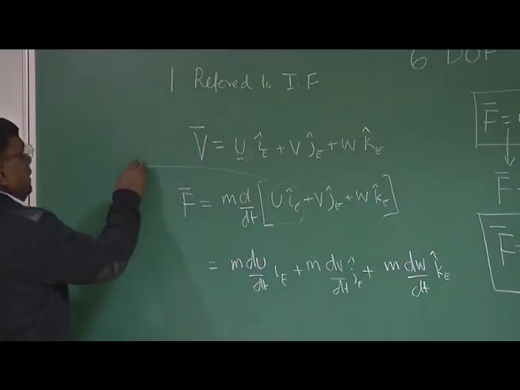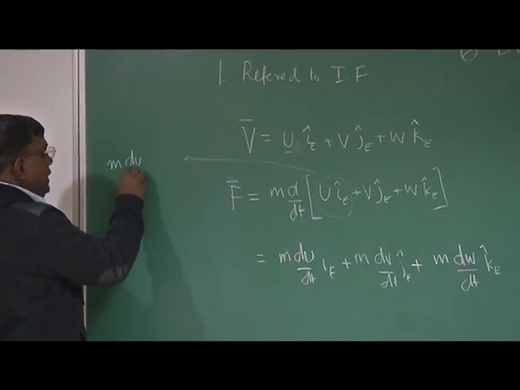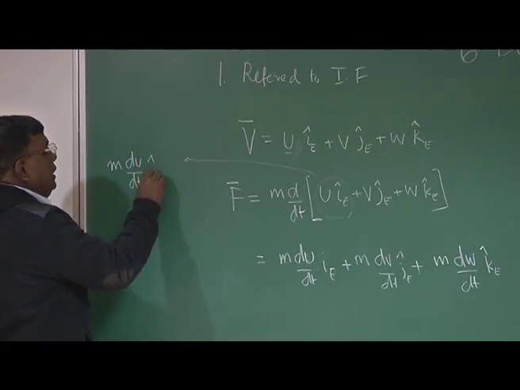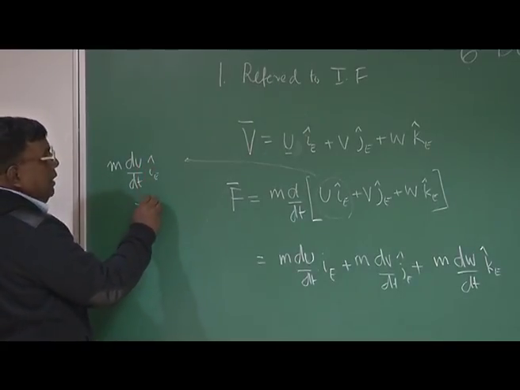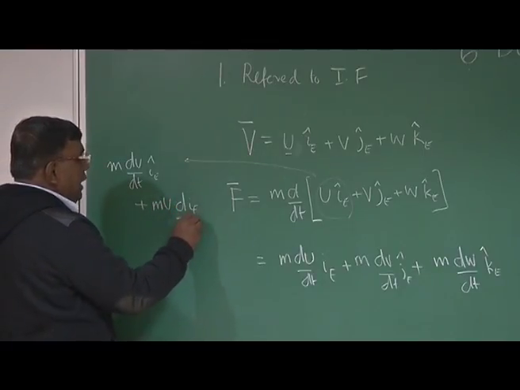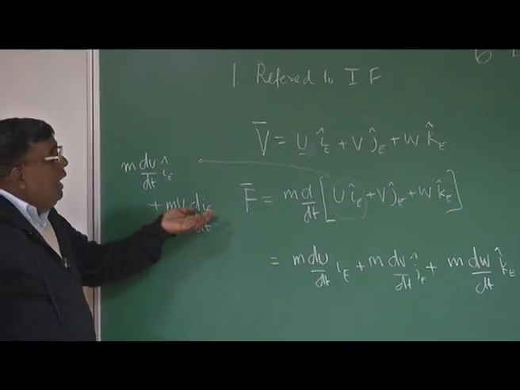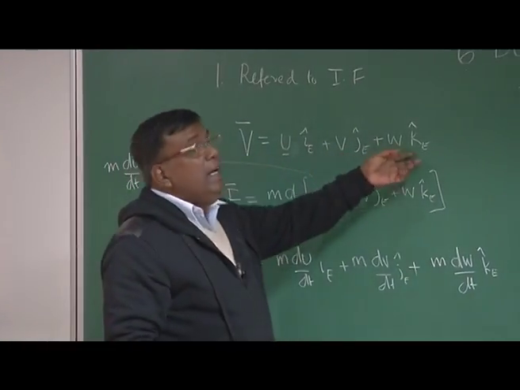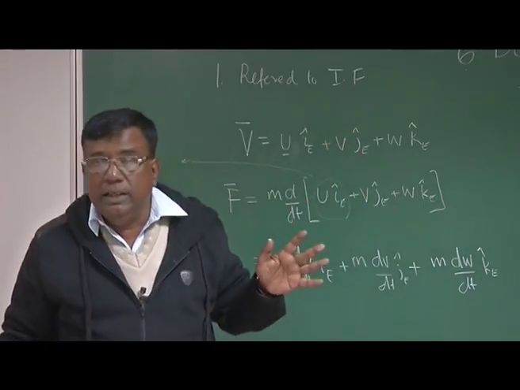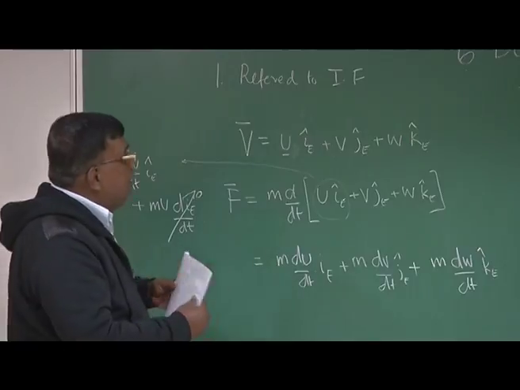If I expand this, this should be M du by dt I plus M U dIE by dt. But I know it is an inertial frame of reference, so IE, JE, KE are fixed. They are not changing direction, so this is 0. So I have not put those terms here.